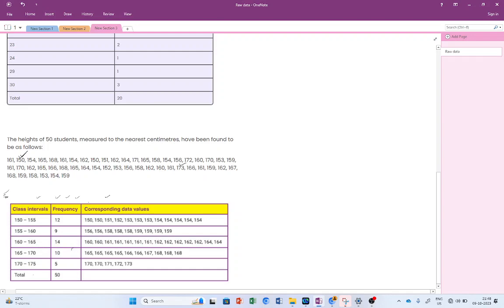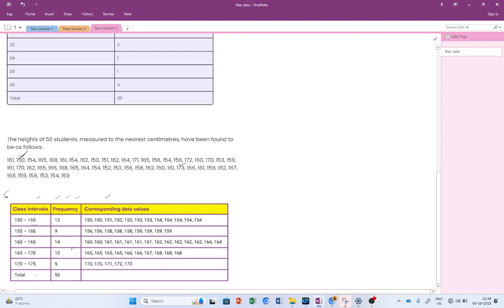Up to 173 you split it into class intervals of equal width. From 150 to 155 the difference is 5, and likewise for each interval the difference is 5. This interval finishes at 155 and the next interval starts with 155, likewise for all the intervals. You don't have any breaks in between, so this is called the continuous type.